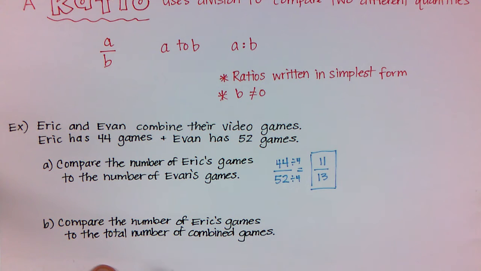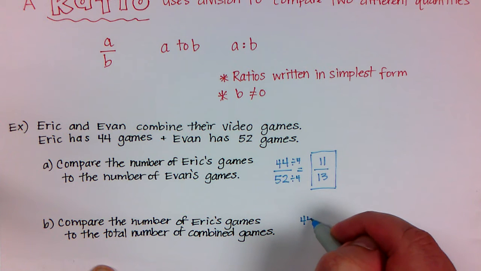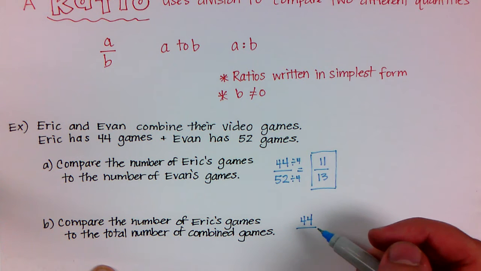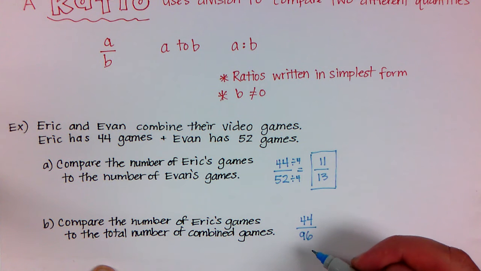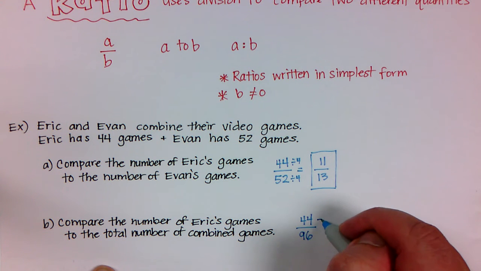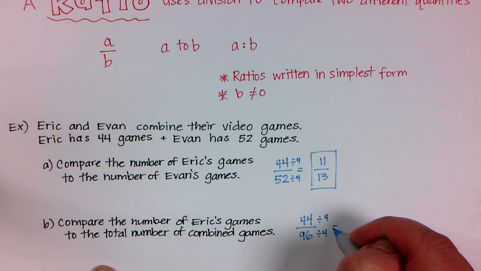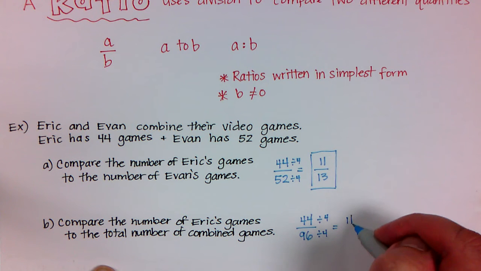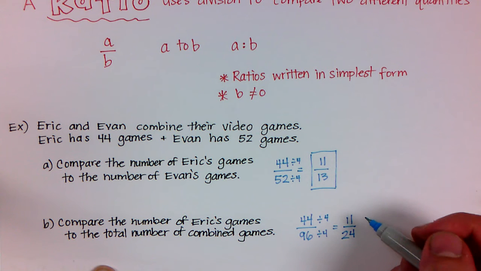For my second part, I want you to compare the number of Eric's games to the total number of their combined games. So again, Eric has 44 games, but when you combine both of them, they have 96 games total. So again, I think I'm going to simplify this by dividing top and bottom by 4. And the top is 11, and the bottom is the number 24.